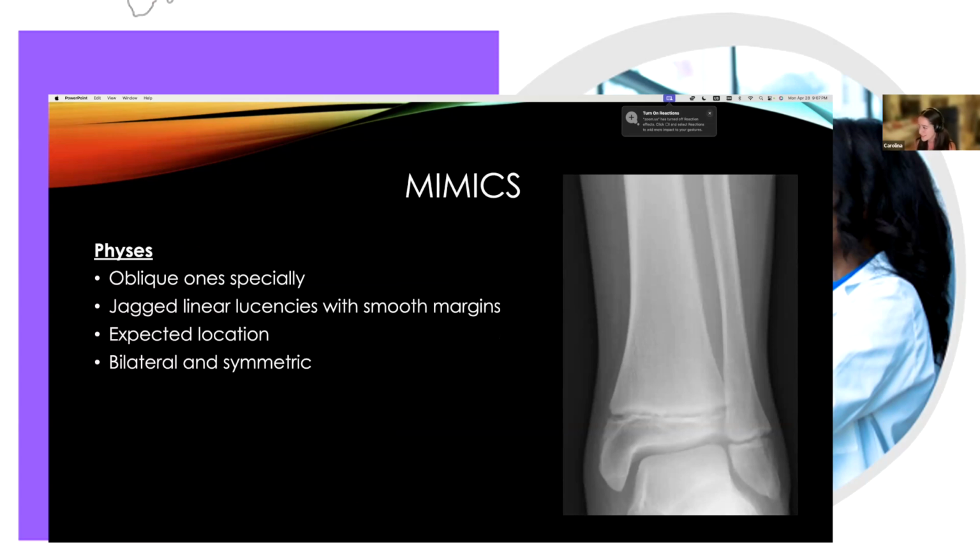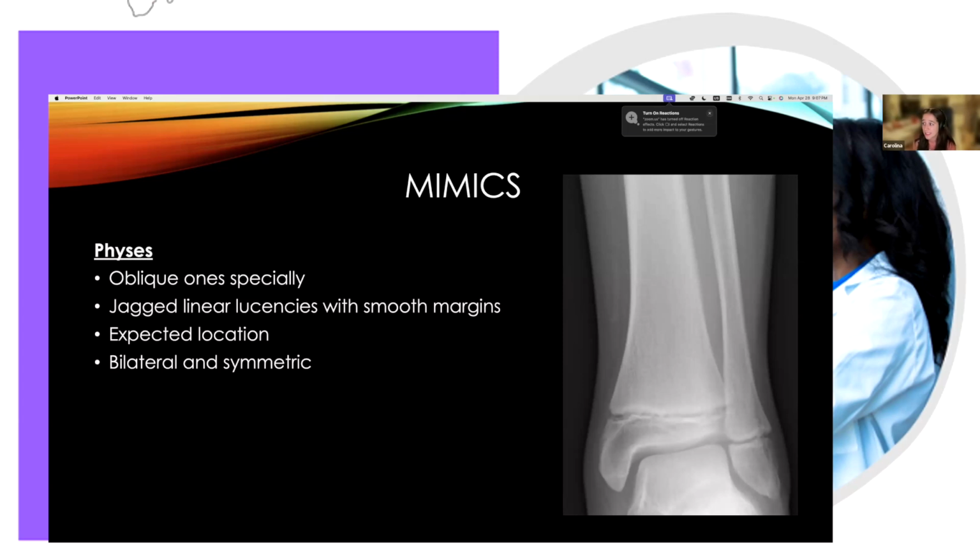So physes. Yes, it sounds very obvious, like you should know that there are physes, especially in kids. However, there are some oblique physes that will make you think twice if you're not looking for a fracture. So you basically want to think of physes whenever they're in the expected location.